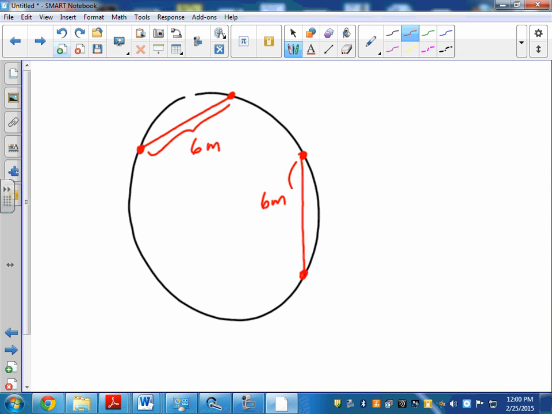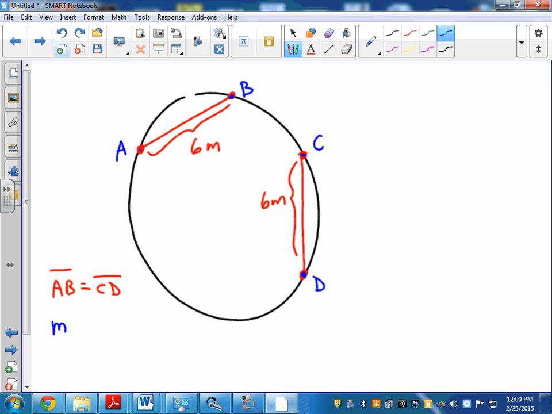Then theorem 61 says equal chords have equal arcs. So if we put some letters here, let's say this is A and B and C and D. And the chords now, remember, are the segments. So if I said segment AB was the same as segment CD, then the theorem says the arcs have the same measure.